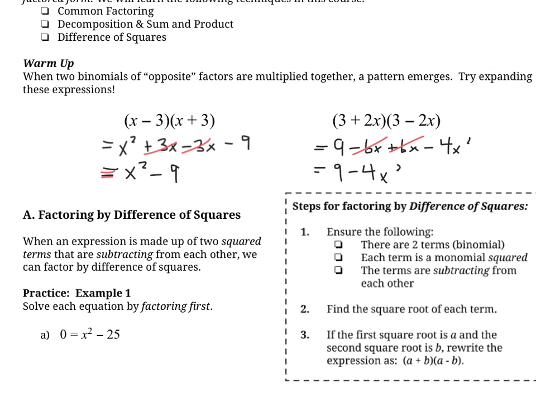That makes sense, because we have negative 3 times positive 3 and positive 2 times negative 2. One of these has to be negative and one has to be positive, so it's going to combine to make a negative. So if we were going to go backwards, we can recognize when it's going to be these conjugate terms when we see a squared term minus another squared term.